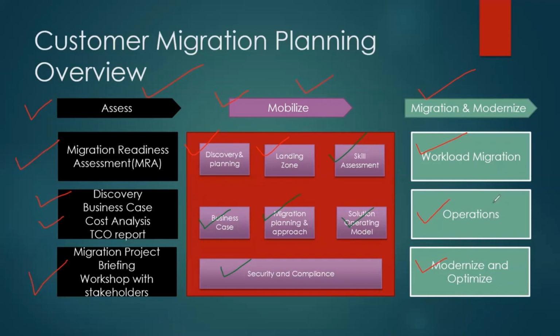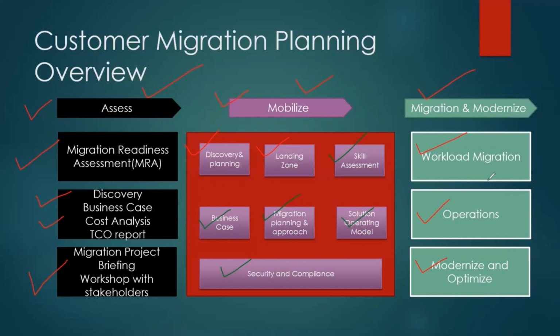So in that case, we will move to modernizing the infrastructure, like the database that is running on EC2 instances, we will migrate that database to an AWS managed database service, and also optimize from various aspects like cost optimization and the utilization of servers. So all these things are done in modernization and optimization. The licenses part, so do they have the correct license for the database? All these things are discussed in modernization and optimization.